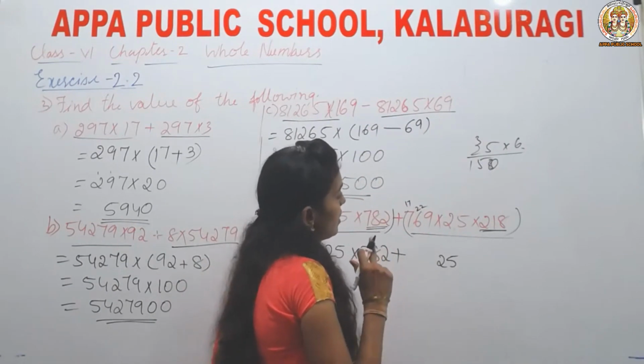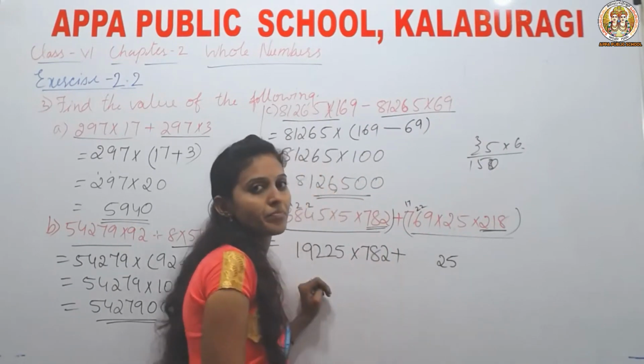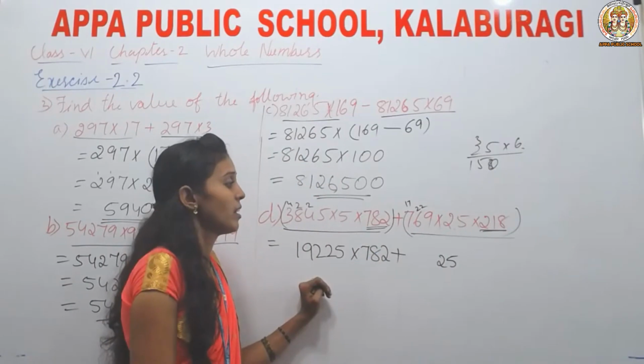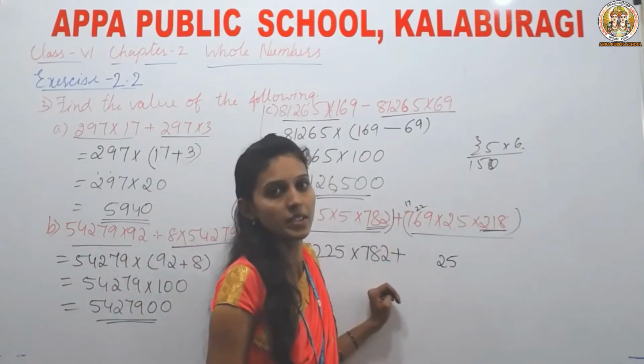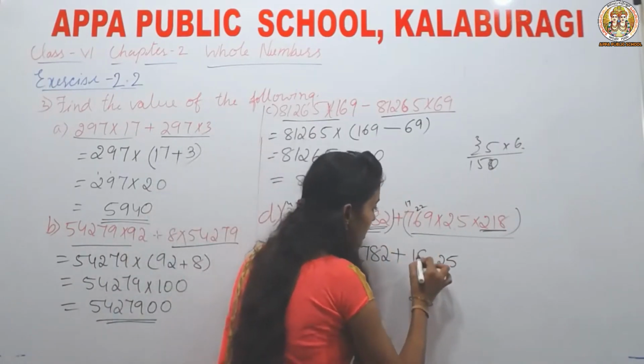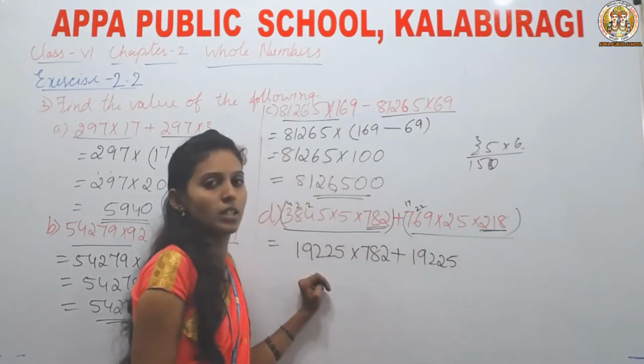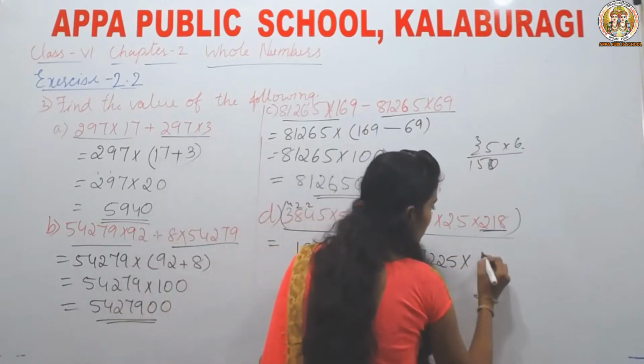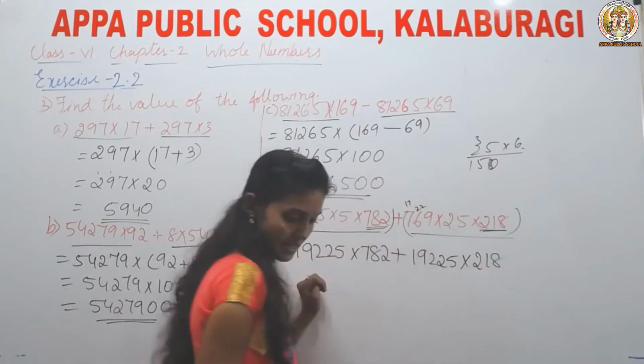Now 25 7s are 175. 175 plus 17 is nothing but 192. Into this number as it is, 280 as it is.